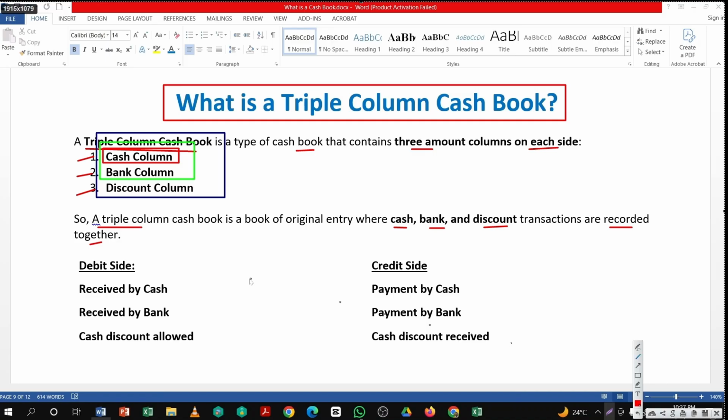Triple column cash book also has two sides, one debit side and another credit side. In debit side, cash receipt, bank receipt, and cash discount allowed, and credit side, cash payment, bank payment, and cash discount received.